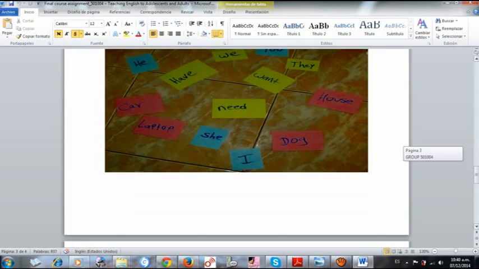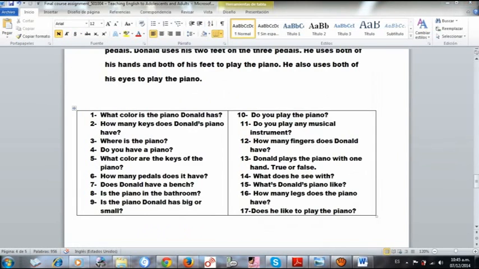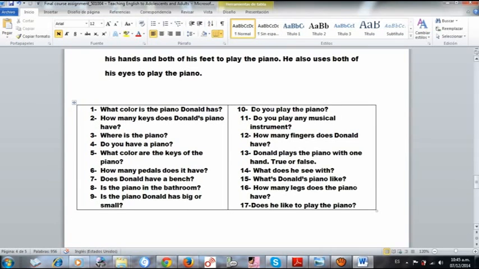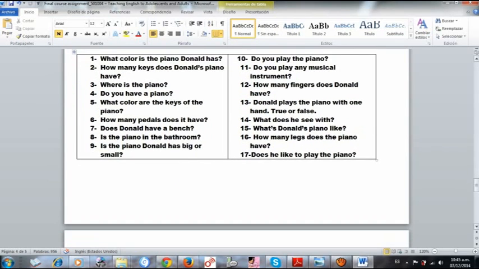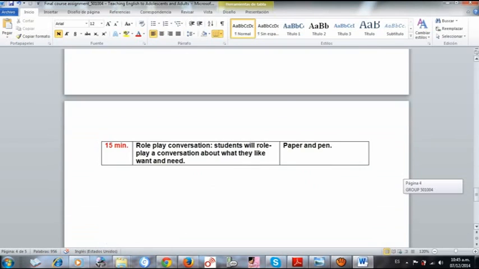And at the end of these activities, the students are going to role play a conversation. Here is the final task, which is the role play conversation, and we are going to prepare the conversation and do it.